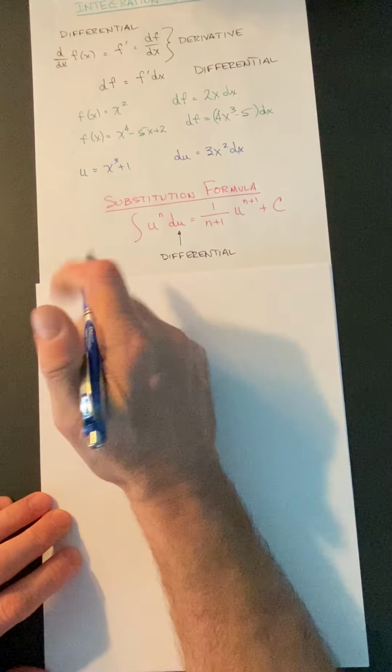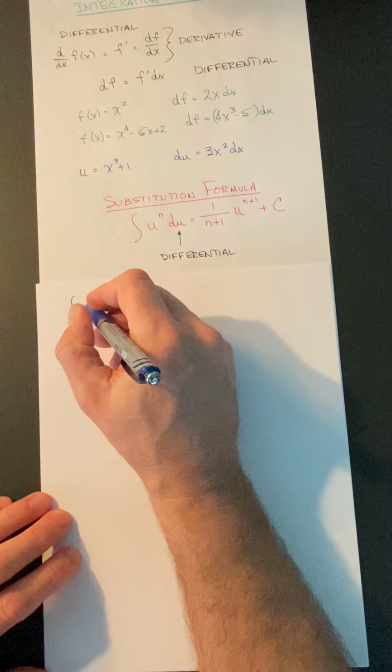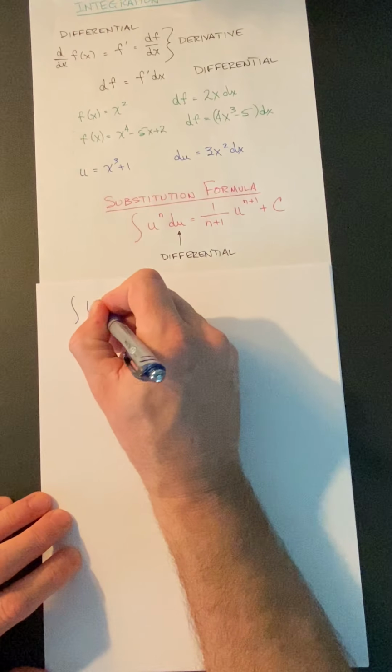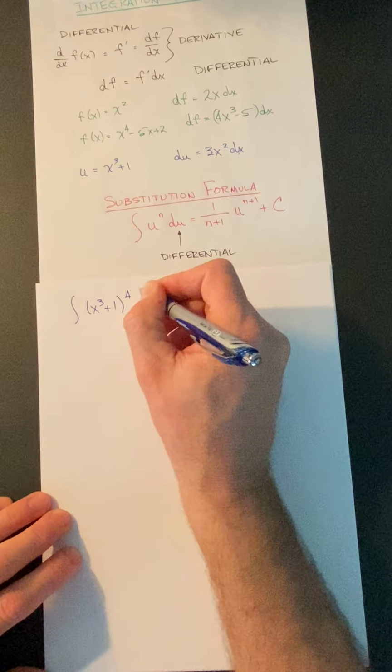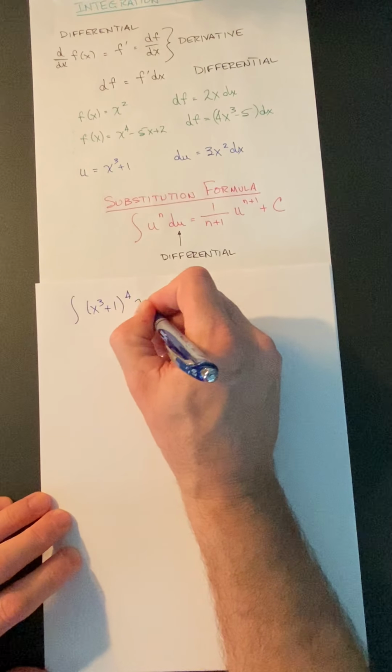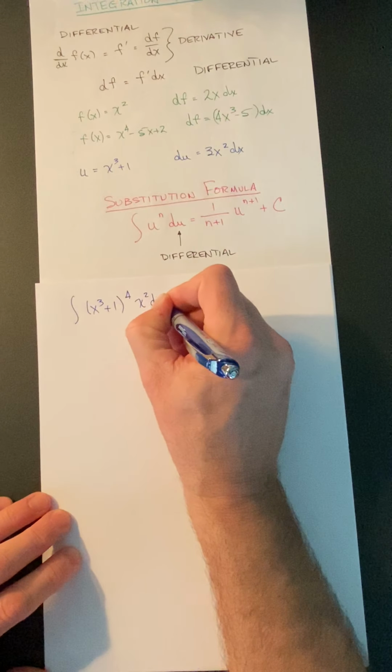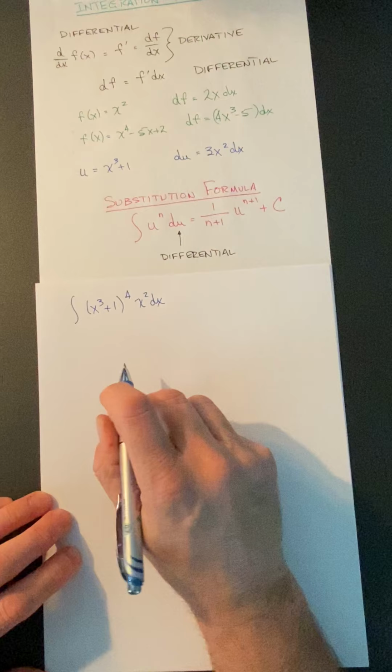Let's integrate x cubed plus 1 to the 4th power x squared dx, okay?